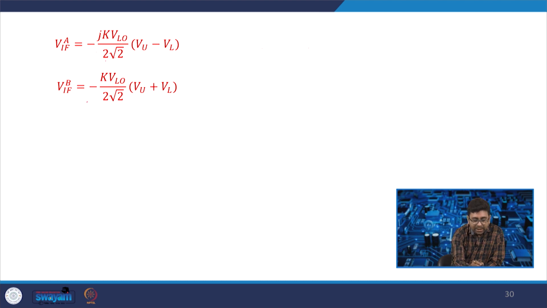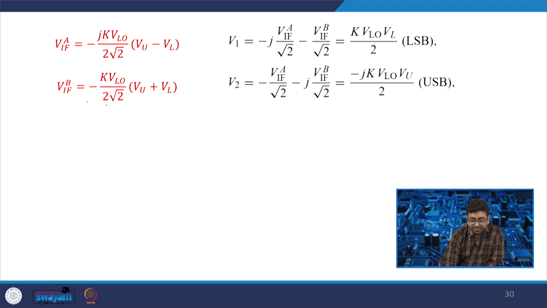So, this is a 90 degree and this is a 180 degree phase shift. So, V1 is a combination of minus j by root 2 VIFA minus VIFB by root 2.